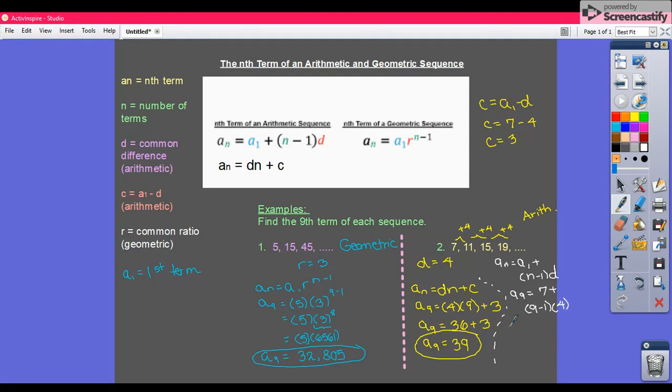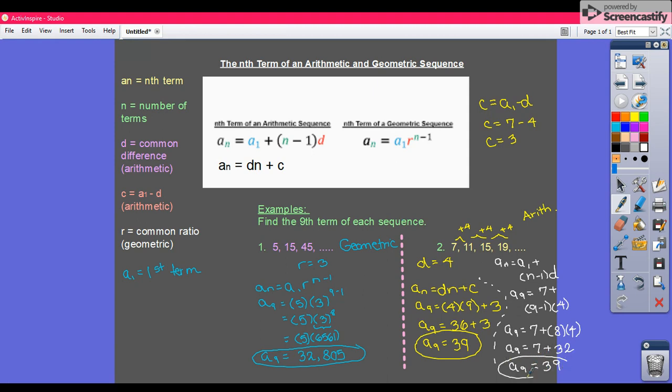So in PEMDAS, I'm using parentheses first. I'm bringing everything else down. I'm bringing down the 7. I'm bringing down the plus. 9 minus 1 gives me 8. Bring down the 4 in parentheses. And I multiply first, multiply before adding. So I get 7 plus 32. And it still gives me the same answer of 39.